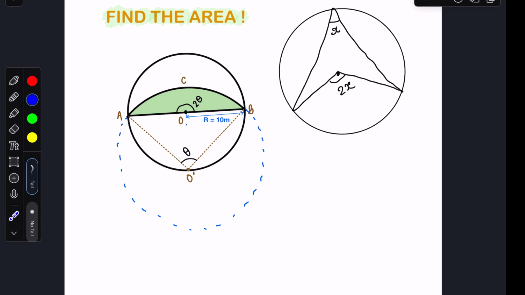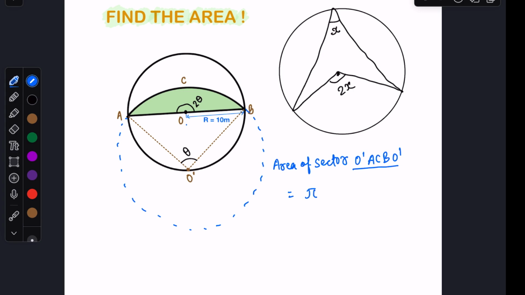So now we want to find this sector O dash ACB O dash. So the area of this sector is given by pi r square.